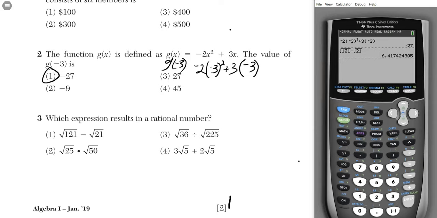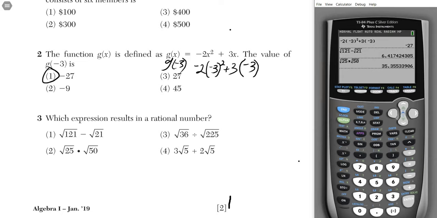Square root... also irrational. And both of these are irrational because if you multiply an irrational number times a rational number, you'll get an irrational number. Also, if you subtract an irrational number, you'll get an irrational number.